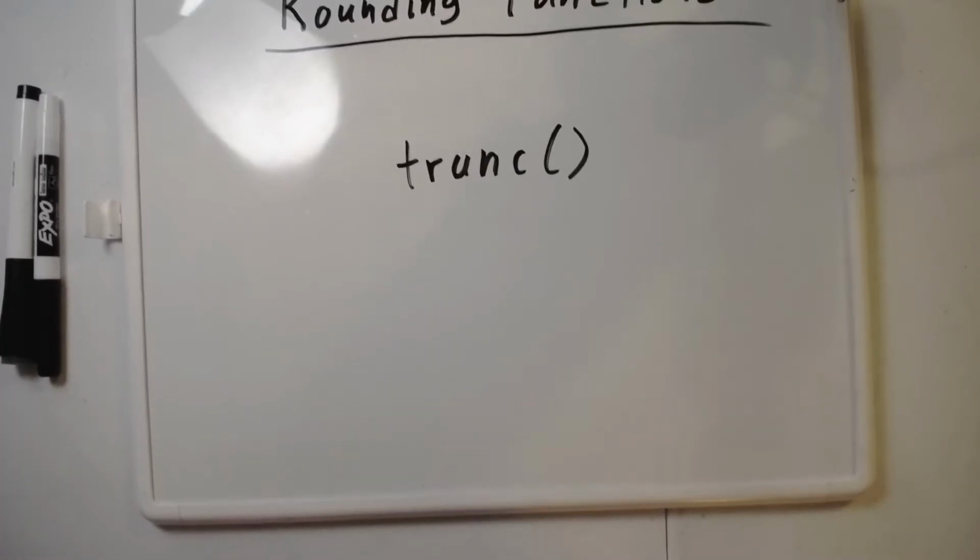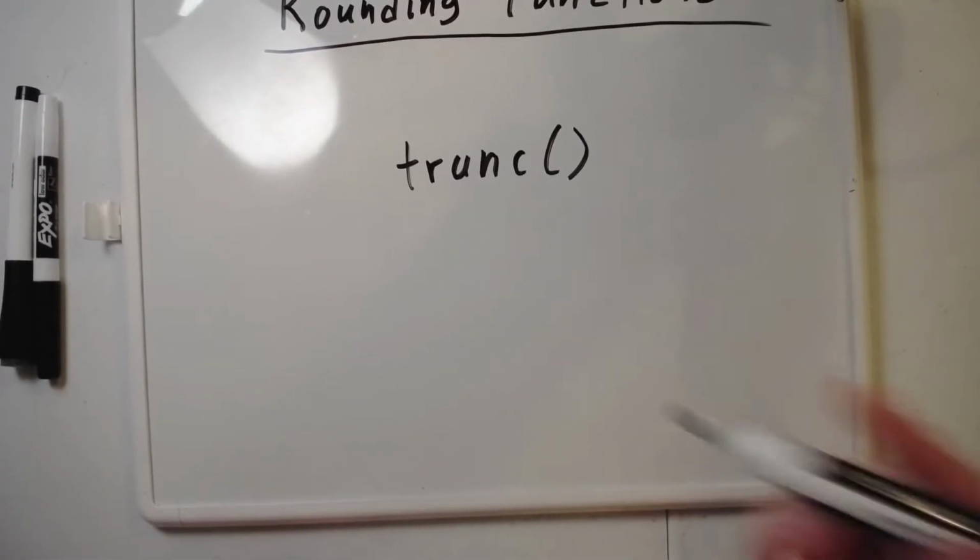And so the truncation function is a little bit different from the other three functions that I've shown, and I will show how it's very specifically different. The truncation function has the specific job of removing a piece of a number.